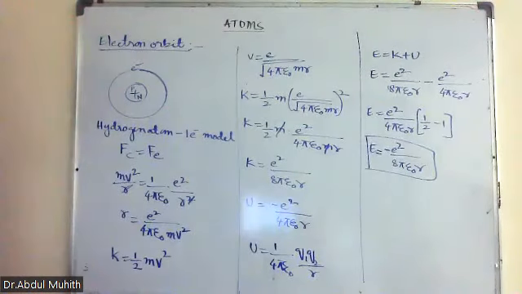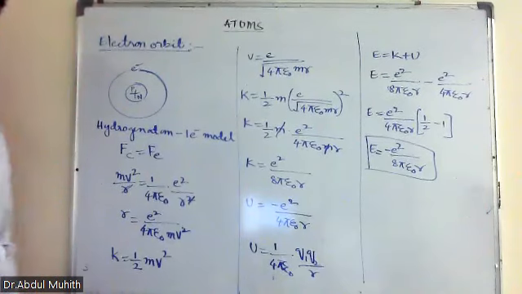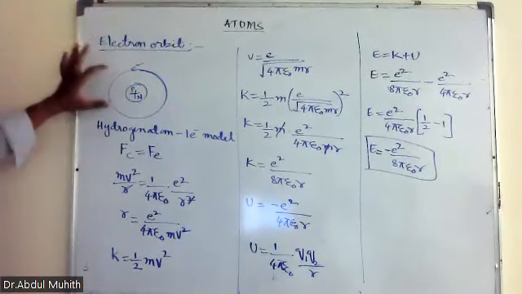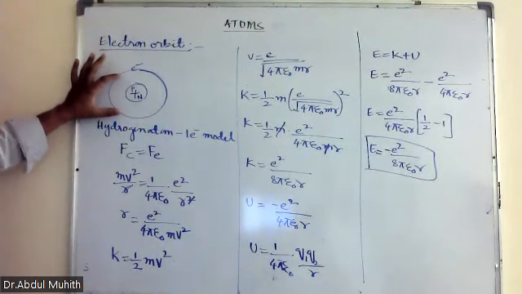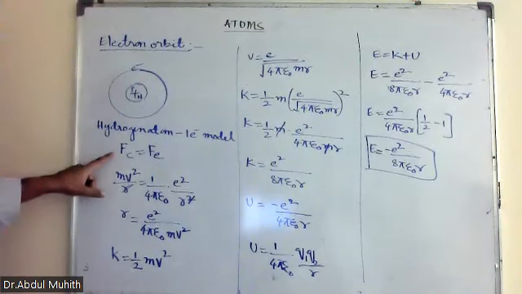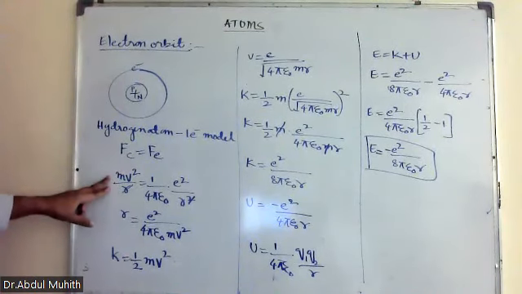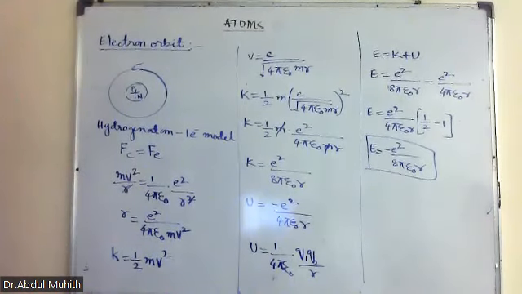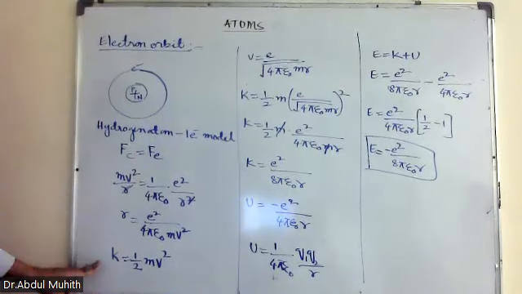See, once again from the beginning, this is a hydrogen atom. We are trying to find the energy of the orbit. This is a one electron model. The electron is revolving around the nucleus. Here we have Fc equal to Fe. The centripetal force: Mv square by R is equal to 1 by 4 pi epsilon 0 E square by R square. Cross multiply it, then we get this formula.